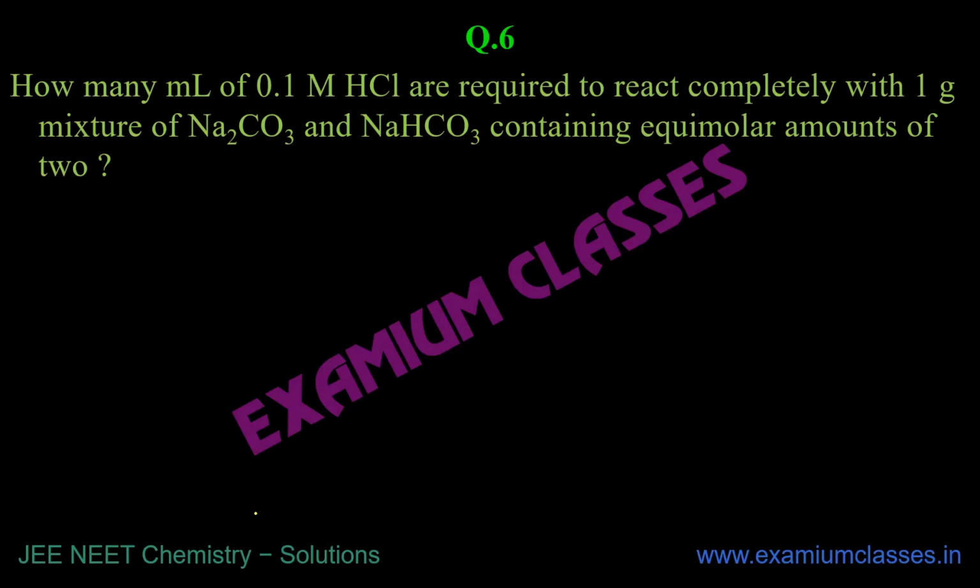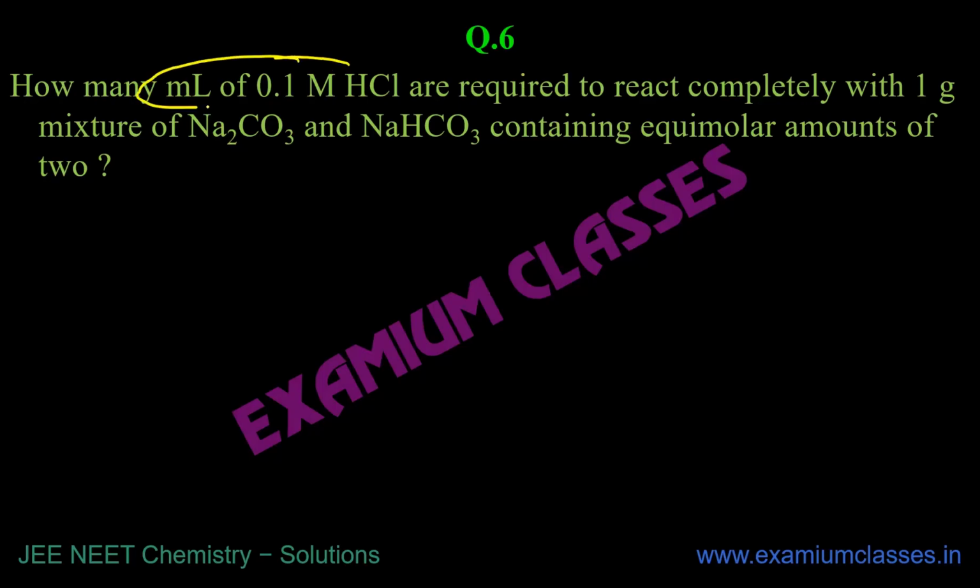Question is not tough, but you should be clear about the stoichiometric ratios and what it means by equimolar, etc. I'm just dividing the question into few parts. It says how many milliliters of this required. And I have told you, however, I won't be doing that way, but you can do that way also.